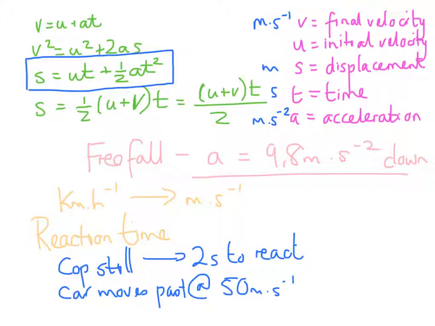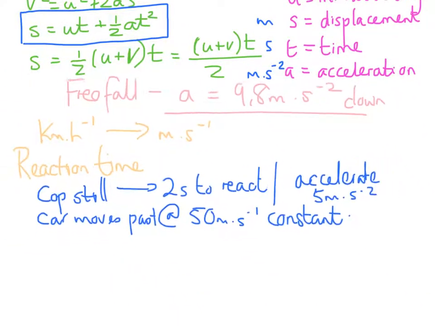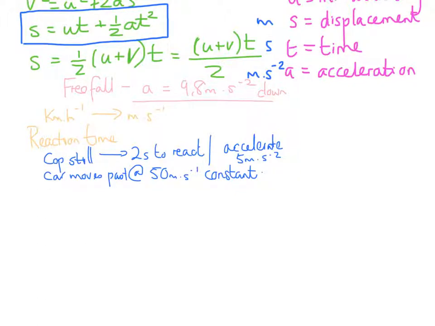Before I go into an equation of motion about anything, this guy is going at a constant velocity, 50 meters per second, but the cop is going to accelerate once he starts going. Once he starts going, he's going to accelerate at, let's say, 5 meters per second squared. Let's say he does that for 10 seconds.